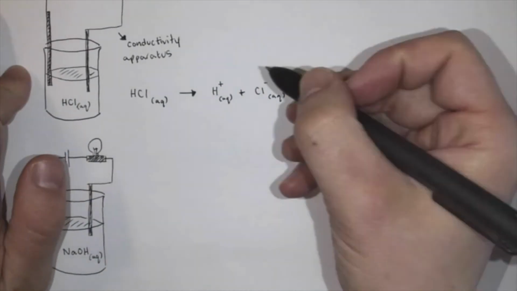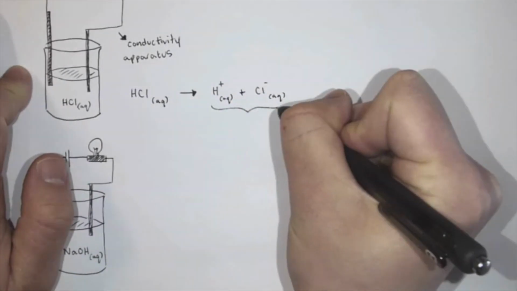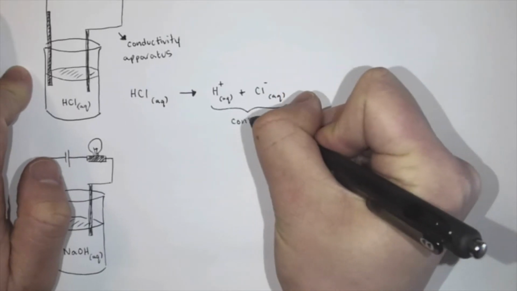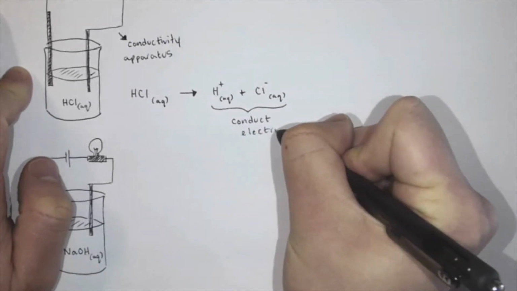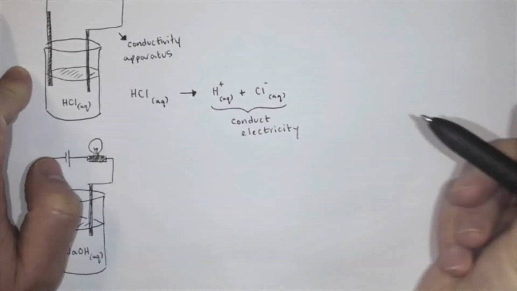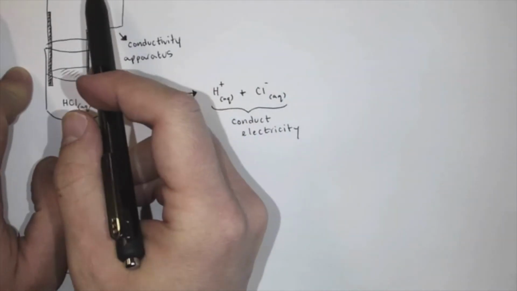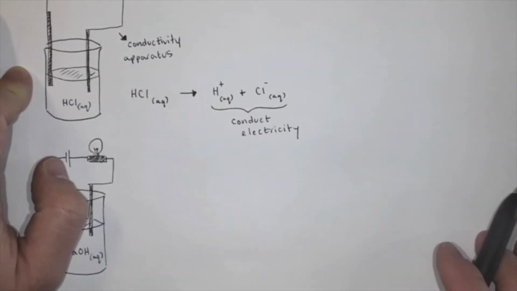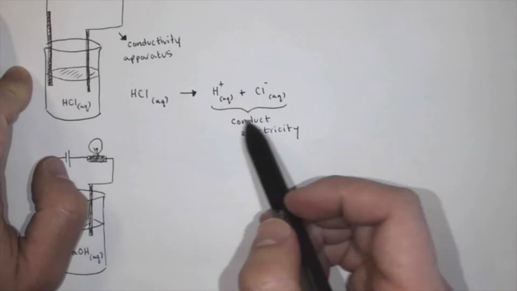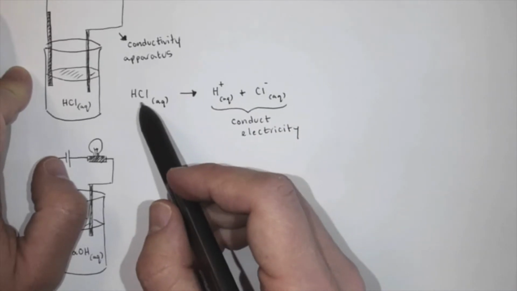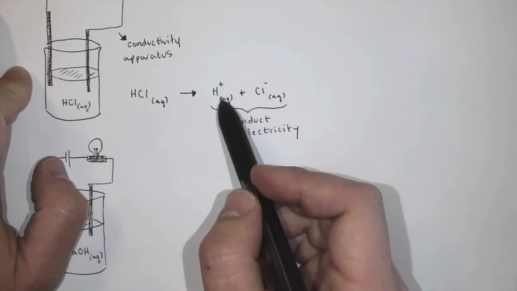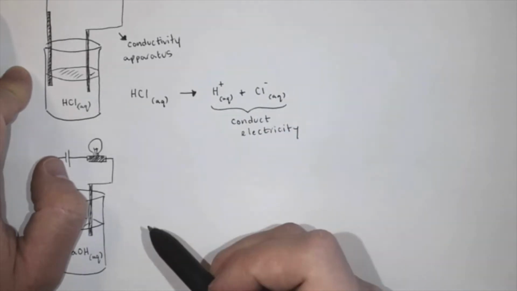And once it does this, it's these ions here that conduct electricity, which is why we see the little light bulb flashing. So this is his proposal, his theory here. This substance that's in the water must dissociate to form hydrogen ions and chloride ions.